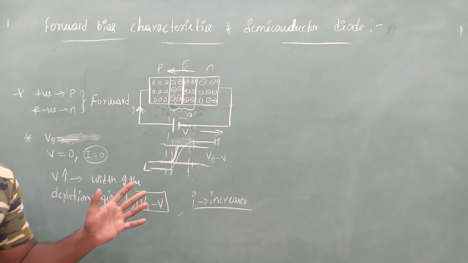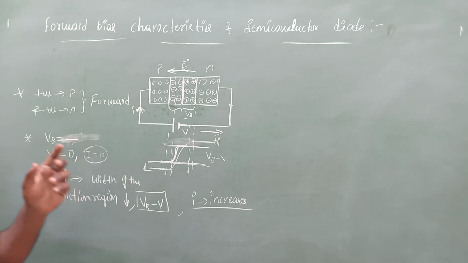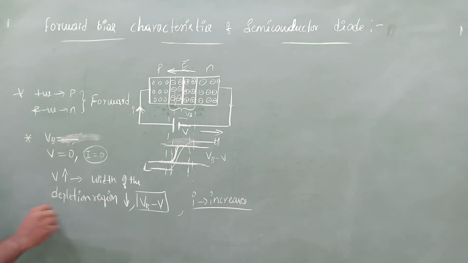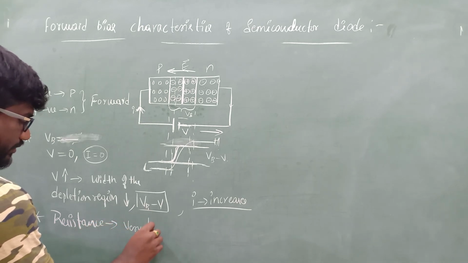So what happens in the case of reverse bias, that we will see later. Hope you all understood what is forward bias and what is reverse bias, not the reverse bias, that is yet to be studied. So what will be the value of resistance? Resistance value is very less.